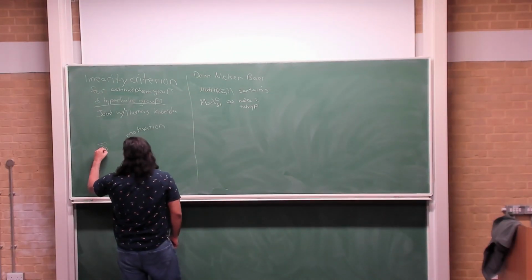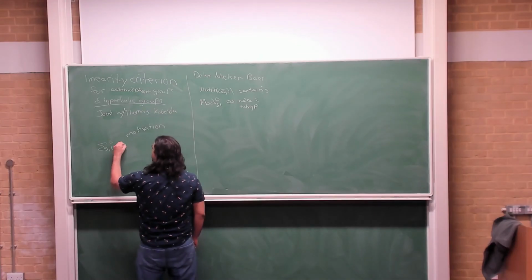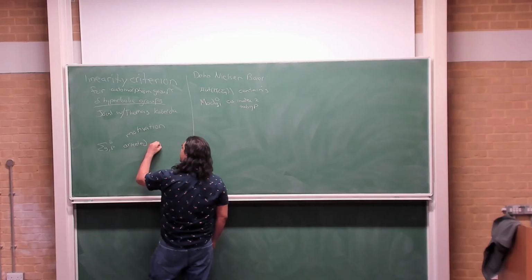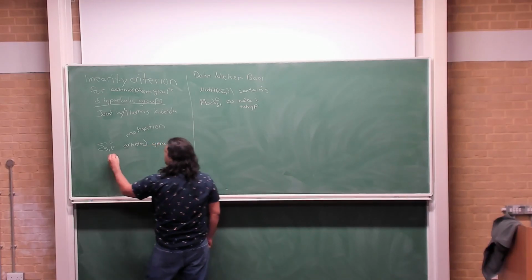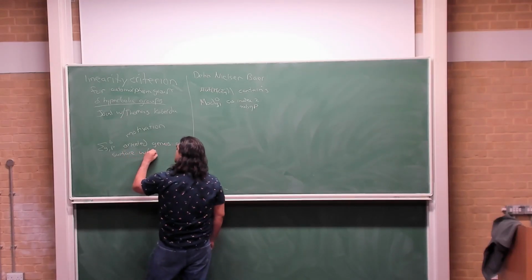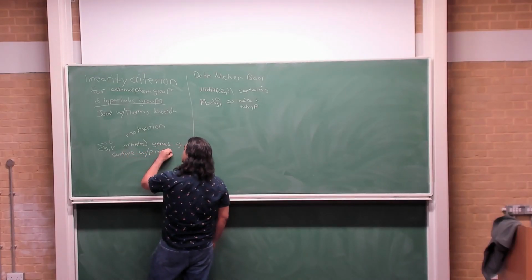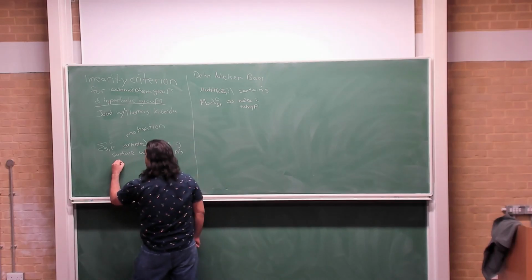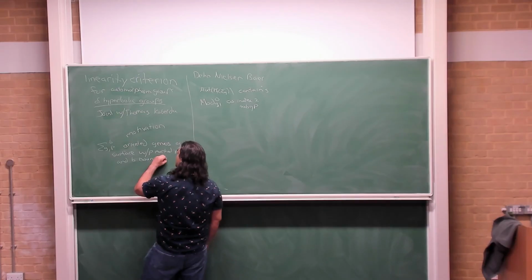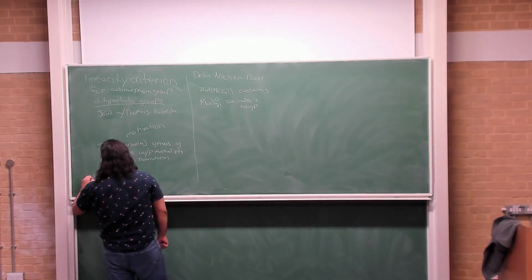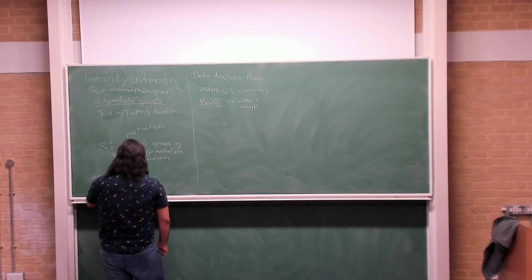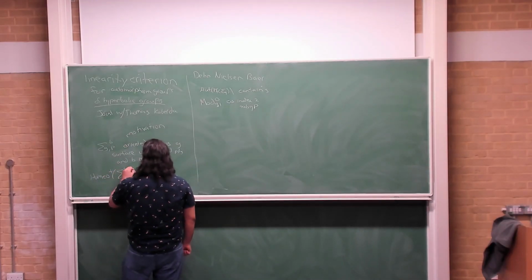We're going to let the surface be the oriented genus G surface with P mark points, B boundaries, and the mapping class group would be the group of isotopies that preserve the orientation and fix the boundary pointwise.